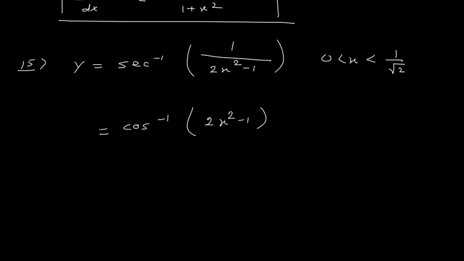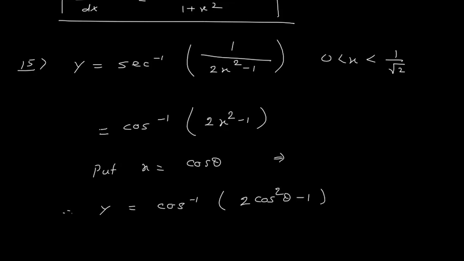Now, you know that 2 cos square theta minus 1 is cos 2 theta. So better put x equals cos theta. Therefore, you get y equal to cos inverse of 2 cos square theta minus 1. From here, I will say theta equals cos inverse x.